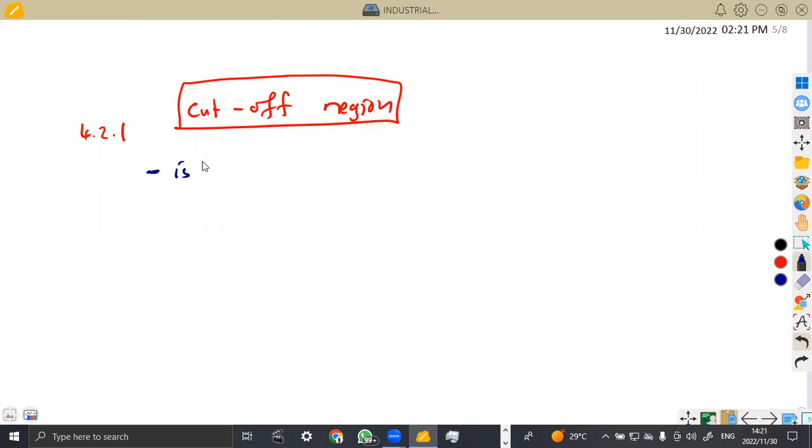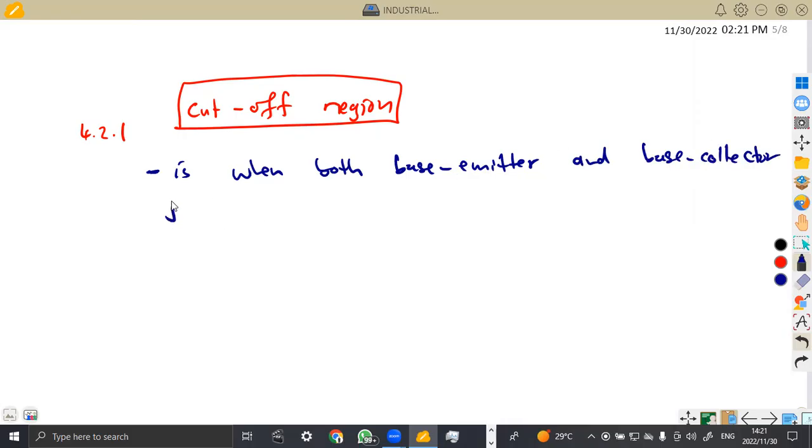So I'm just going to write: when both base emitter and base collector junctions are reverse biased.